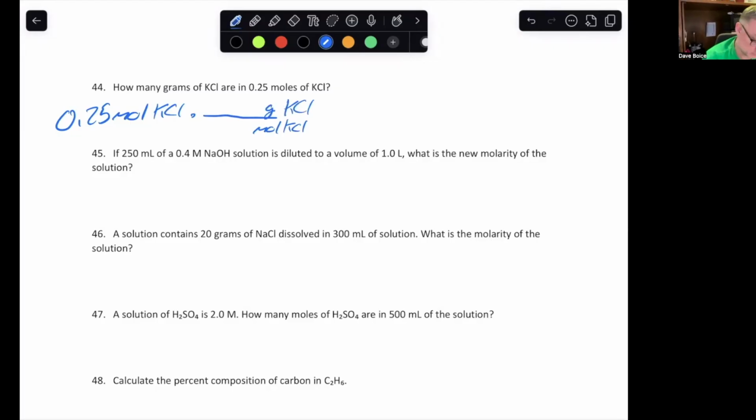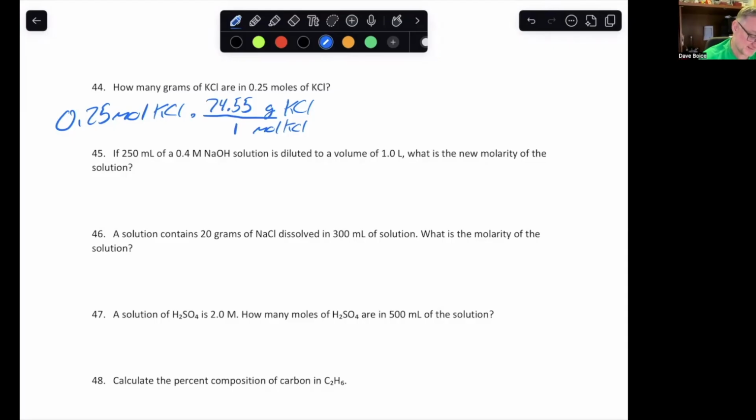And 1 mole is equal to 74.55 grams. Now, notice the reason I'm writing this formula is I don't have to worry about, do I need to multiply or divide? If I take my unit and I bring my unit down every time and then convert to whatever it is I can convert to. In moles, I can go to grams, liters, particles, whatever. If I'm in one of those, I can go to mole.